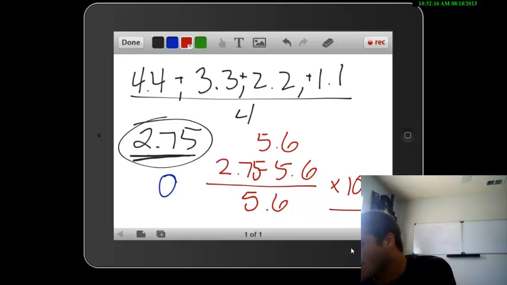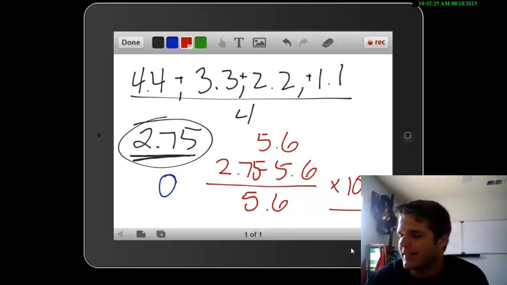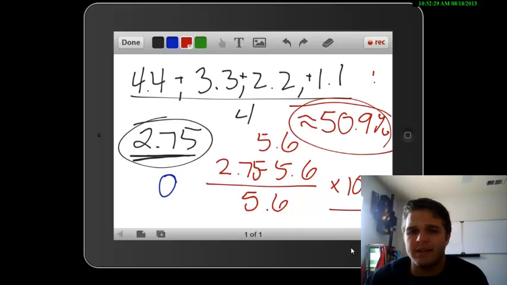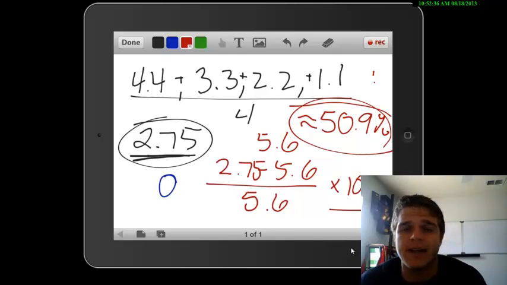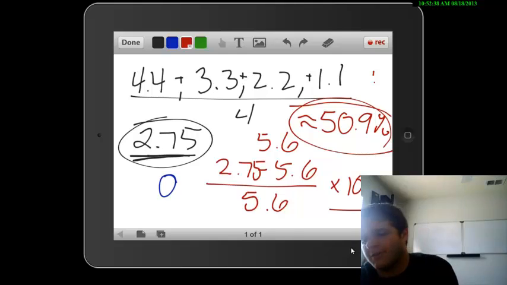So actually the number you're going to get is 50.9, roughly, percent. I rounded a little bit on the tail end there. So this is not a very, very sound measurement. 50.9% is much different than what it should be. You want to have small amounts of error. Remember, under 5% to get full credit on your assignments. So this ain't going to work.